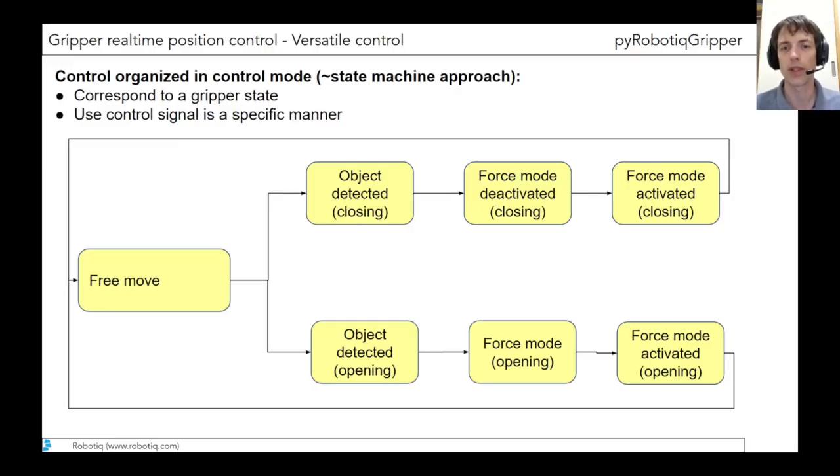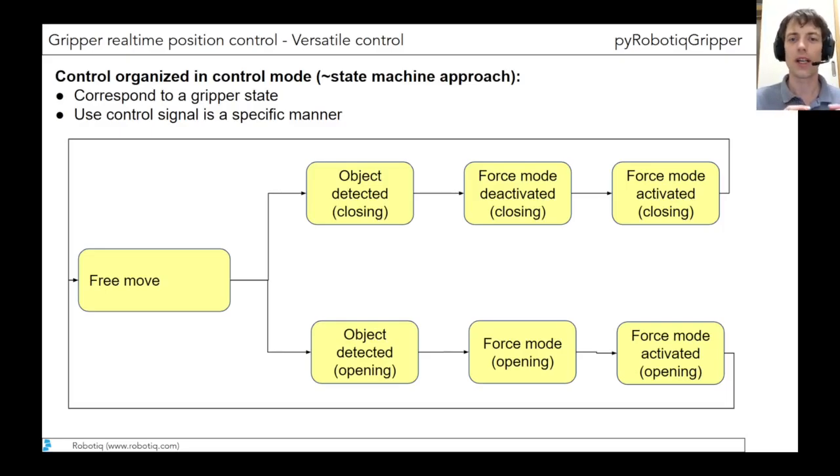That's the base of the function. But then if you detect an object, the way we use the joystick changes, and we use the signal to set the grip force, to adjust the grip force. So it works like a state machine.